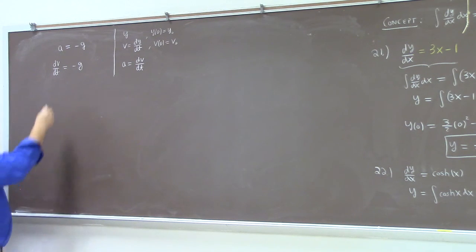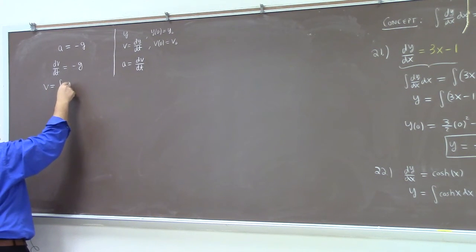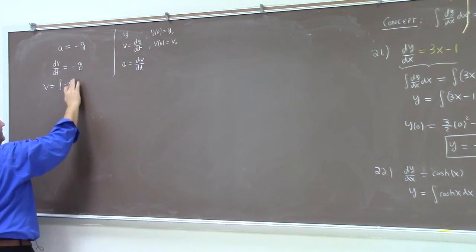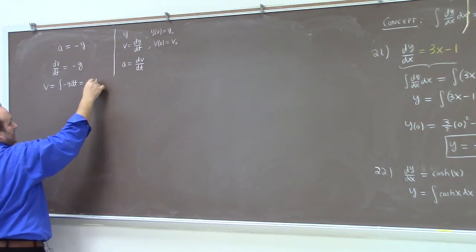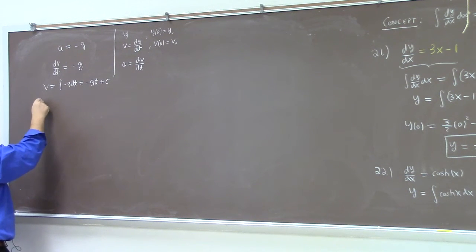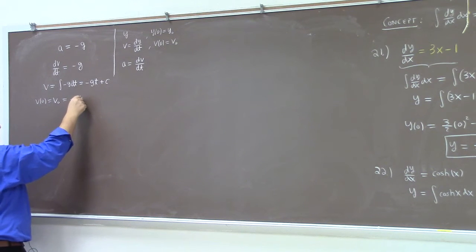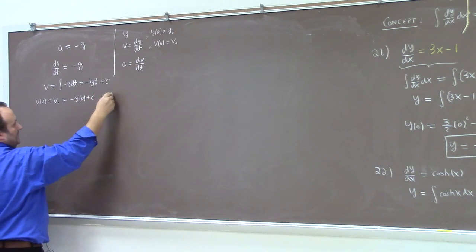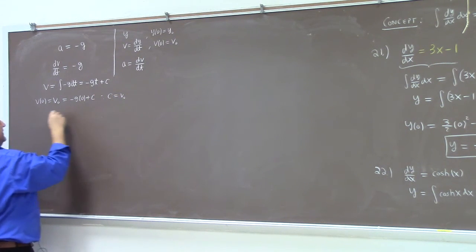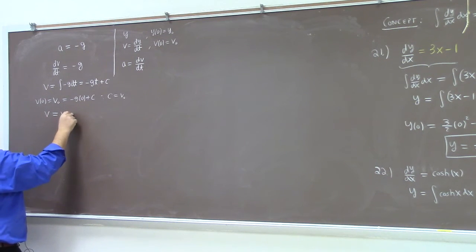Integrate that, we get v equal to the integral of minus g dt, which is what? g is a constant here, so that's minus g times time plus some constant. But v of 0 is v naught, which is equal to minus g times 0 plus c. c is v naught. So the velocity is the initial velocity, v naught, minus gt.